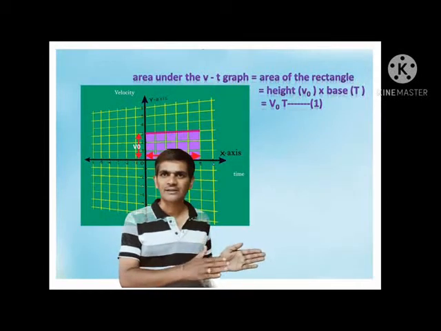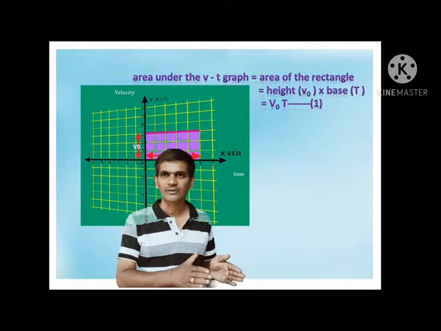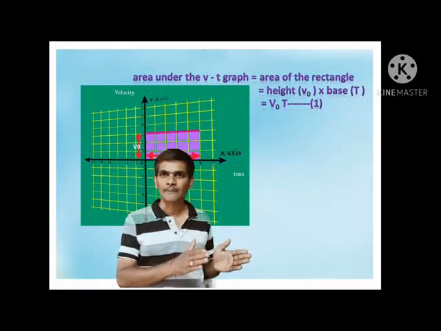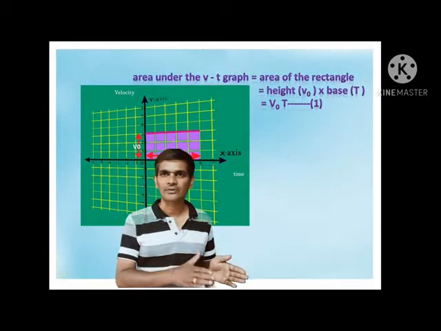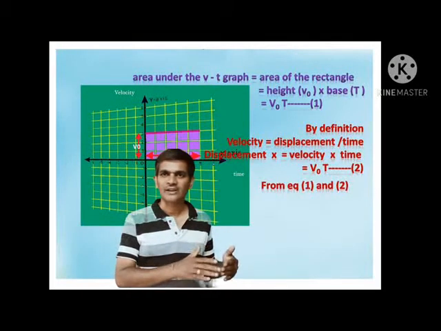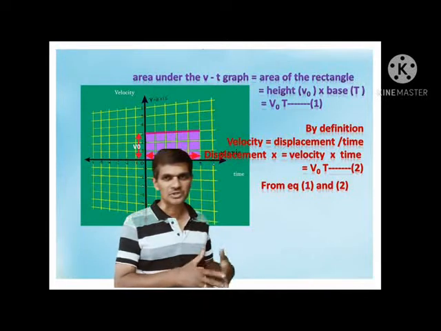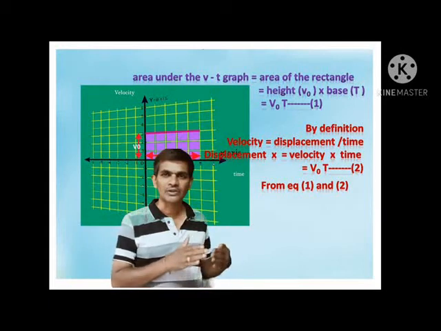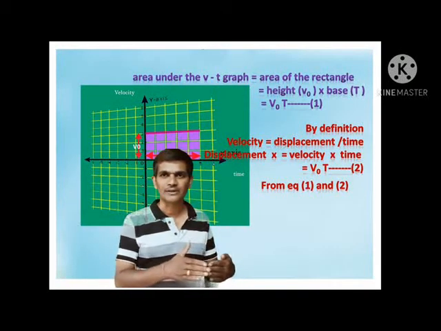The area under this velocity time graph is equal to the area of this rectangle, that is base into height, which is equal to v0 into t. Here v0 is velocity and t is time. Let us write this as equation 1. Next, according to the definition, for a uniform velocity, velocity is equal to displacement divided by time.